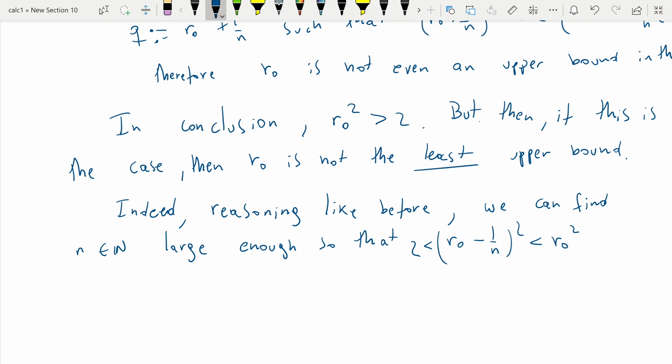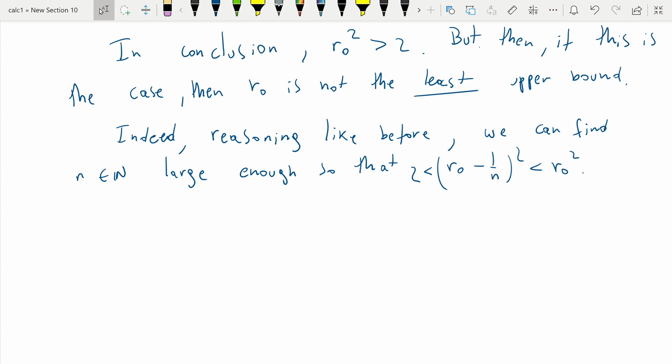And how do we make this happen? Remember that R naught is greater than 0, otherwise it cannot be an upper bound. There are positive numbers that are in A, so you must beat at least those positive numbers, such as 1.